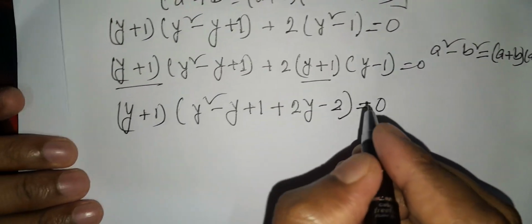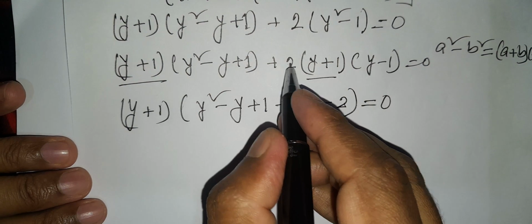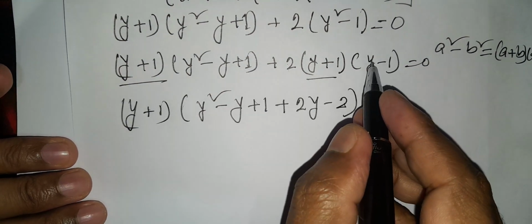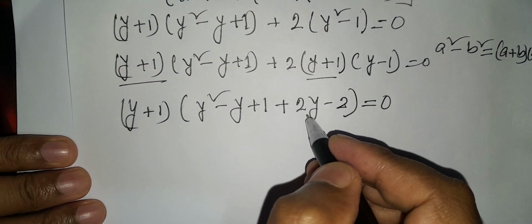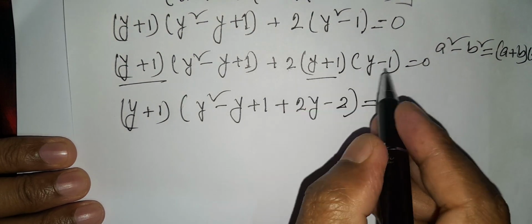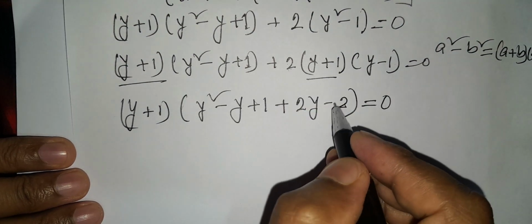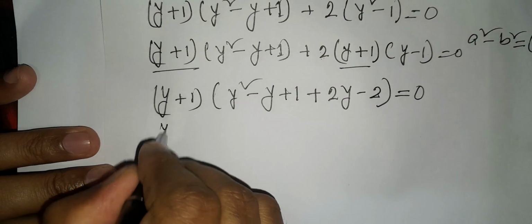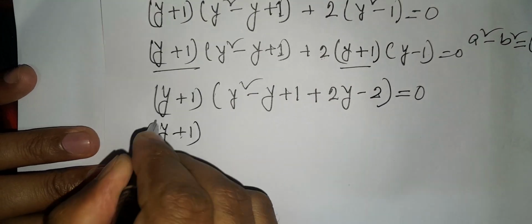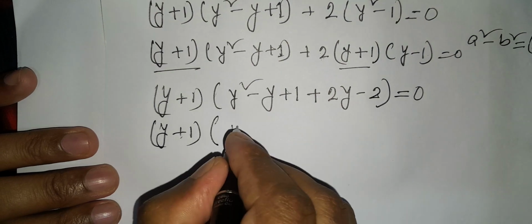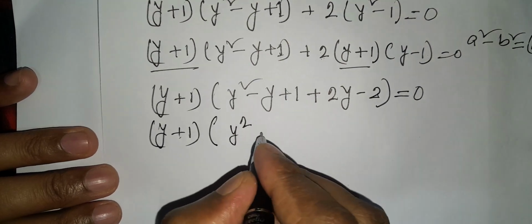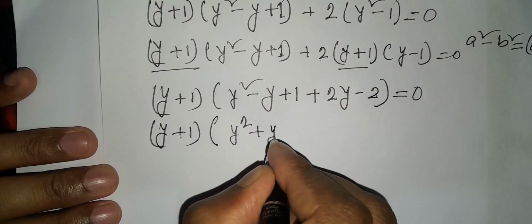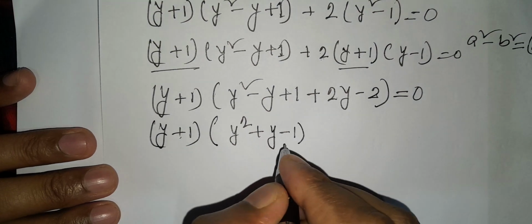Okay, we multiply 2 by y is equal to 2y, and 2 and minus 1 multiply is minus 2. Okay, and y plus 1, here we can write y square plus y minus 1.